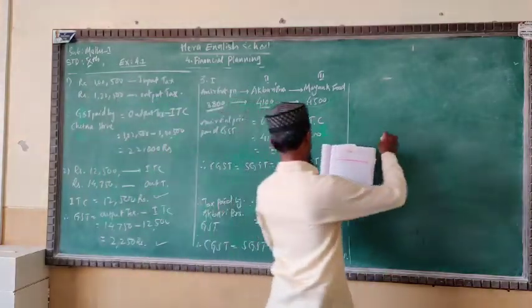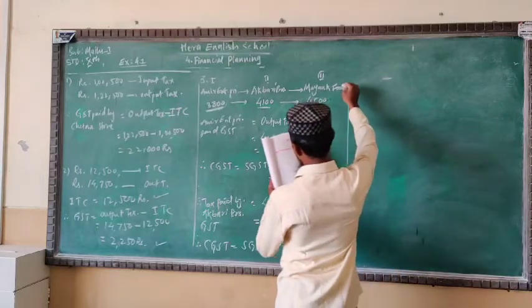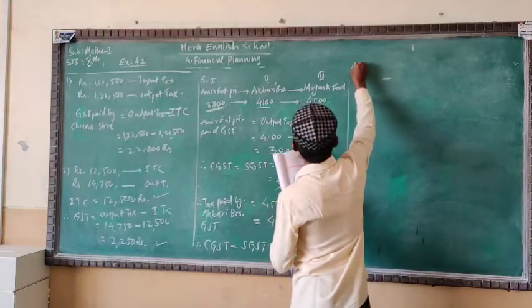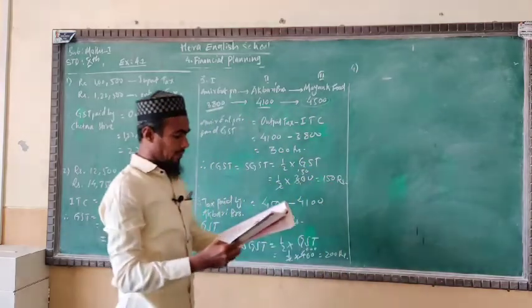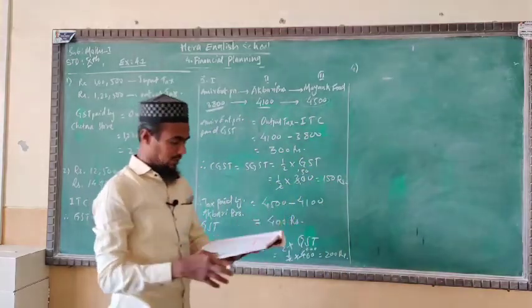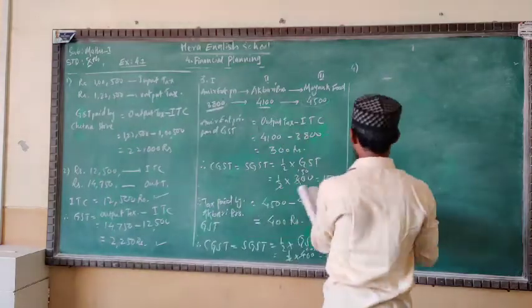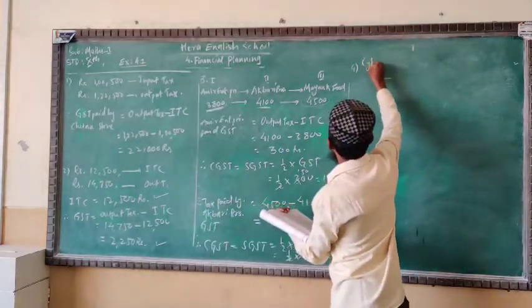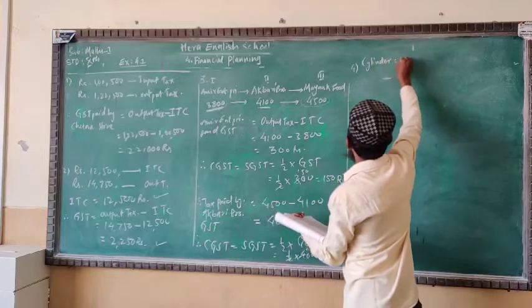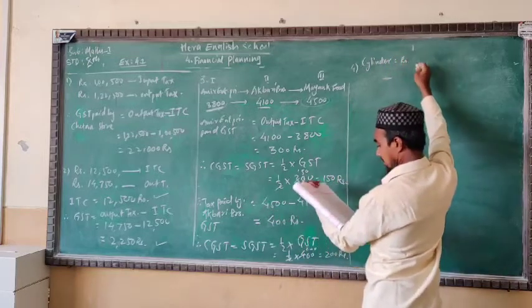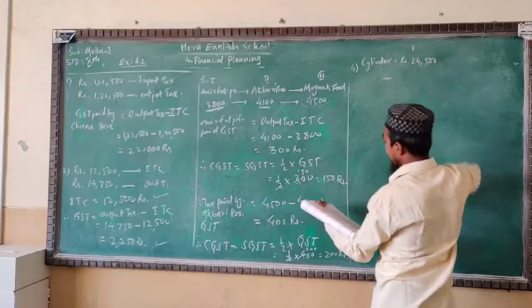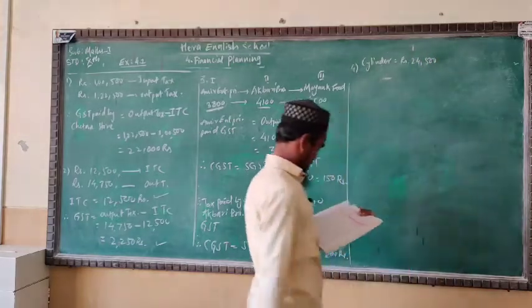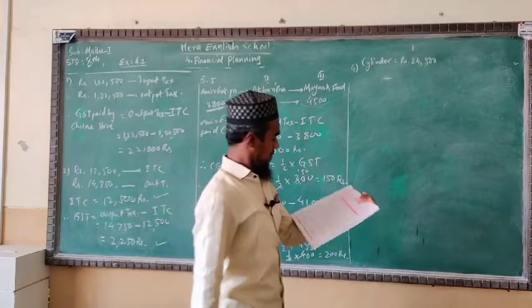Now come to question number 4th one. Here what we have, Malik Gas Agency, which purchased gas cylinders for the amount of rupees, how much are we given? 24,500 and sold to a local customer.